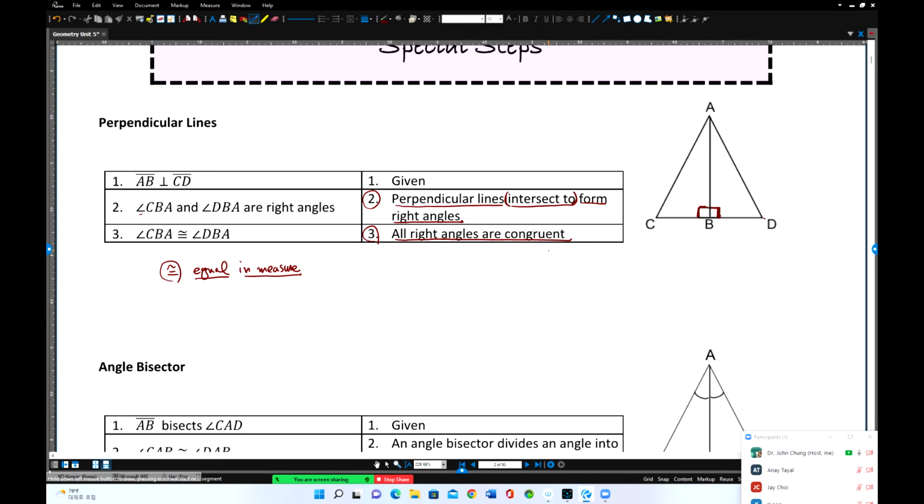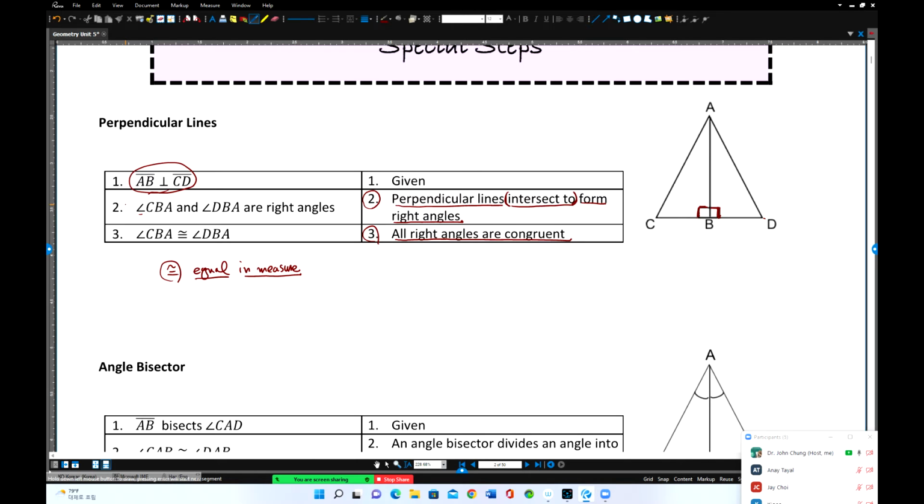One more thing, when a perpendicular line is given during the proof, say AB perpendicular to CD is given, we have to follow these steps. First, we say perpendicular lines form right angles. After that, these two angles are congruent.